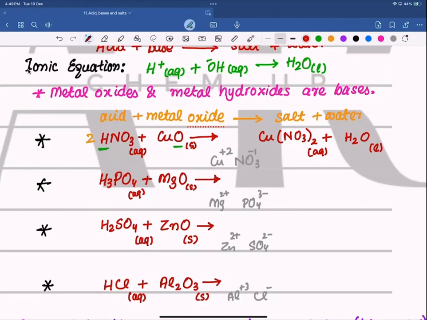True, and we also have to move three over here because it has a three minus, right? Yes. So three and two. And we have a plus two charge, Zn is in group two. We always put the charge here below.